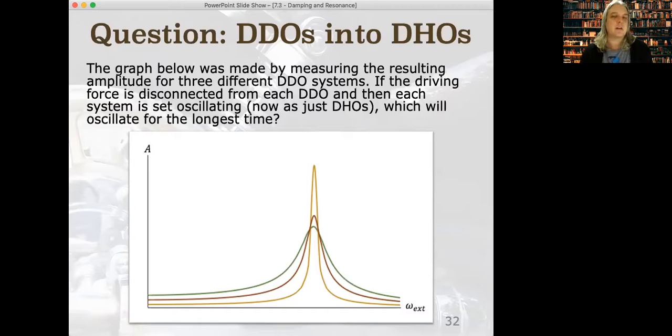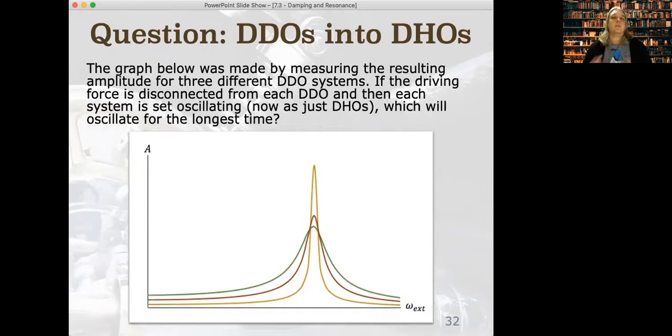You've got the gold, the brown, and the green. Gold is this one here, brown is the middle one, and green is the top one that goes lowest there.